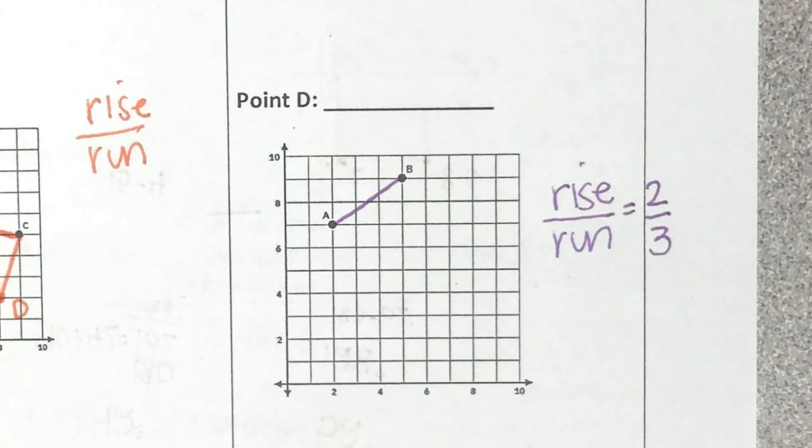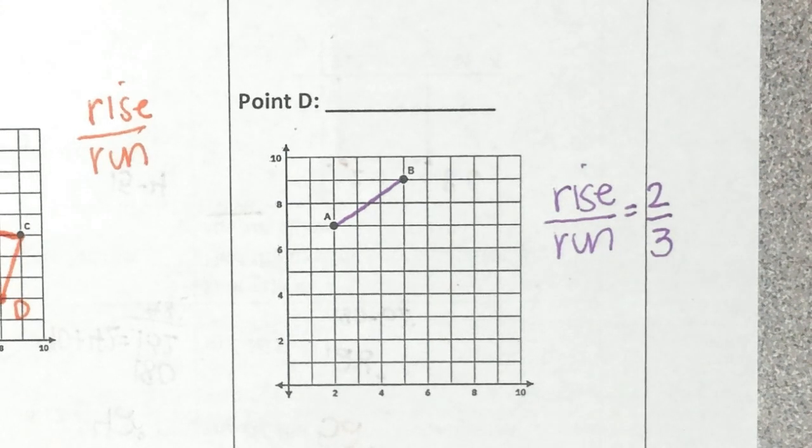Why am I going to flip and switch? I'm looking for a different word. Squares. Squares have what kind of angles? And if squares have 90-degree angles, the lines are perpendicular.